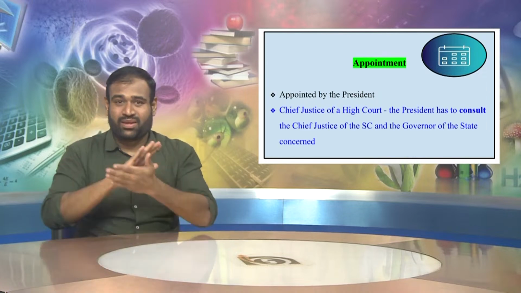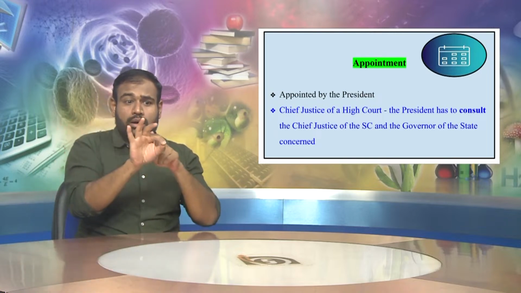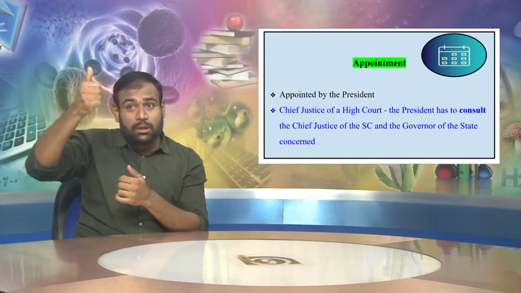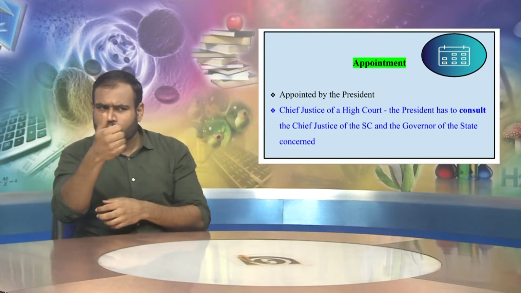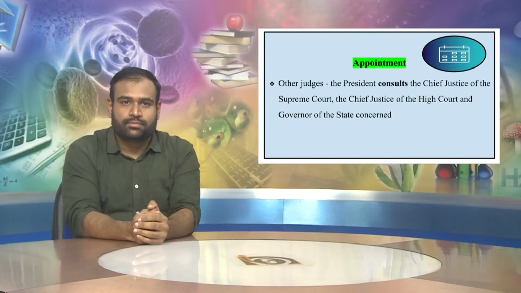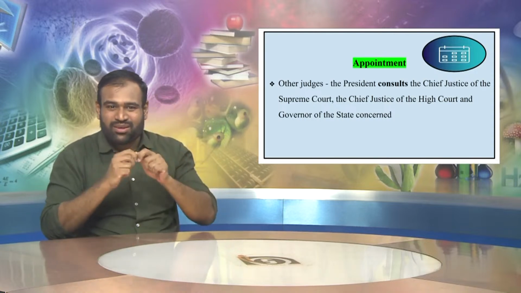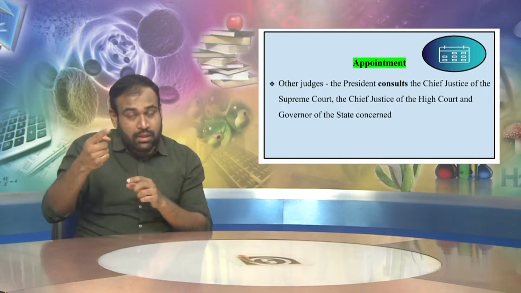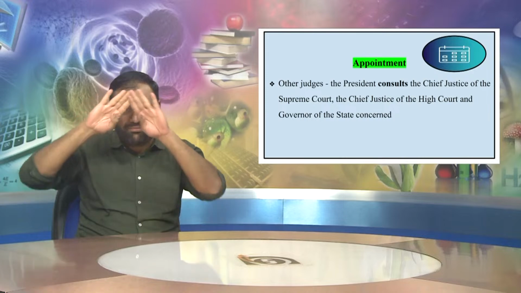Chief Justice of High Court: the President has to consult the Chief Justice of the Supreme Court and the Governor of the state concerned. Other judges: the President consults the Chief Justice of the Supreme Court, the Chief Justice of the High Court, and the Governor of the state concerned.